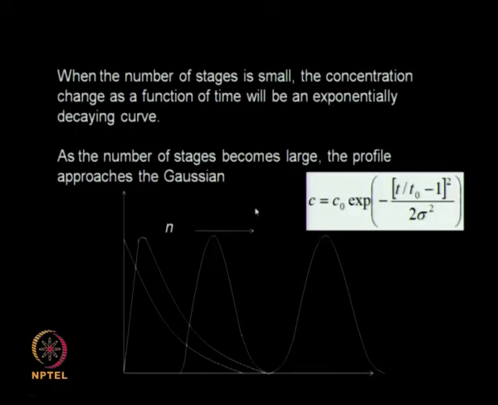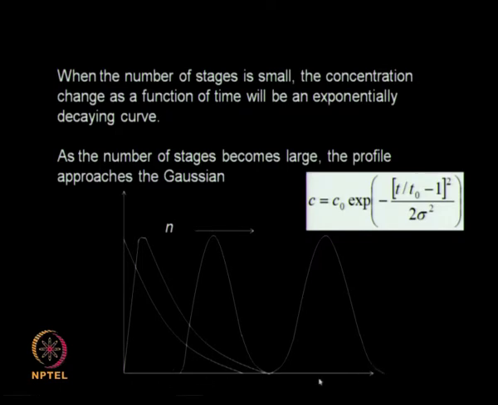Before doing that, let us look at the effect of the number of stages. When n is very large, obviously the distribution reaches a Gaussian type of distribution, whereas if the number of stages is very small, for example if n is 1, that means we assume the entire chromatographic column as one single mixed stage. Then obviously it is like a stirred tank vessel, and the concentration will fall down as a function of time.